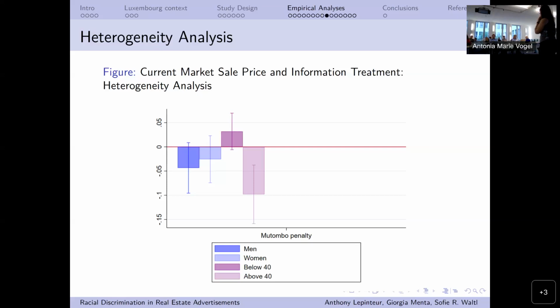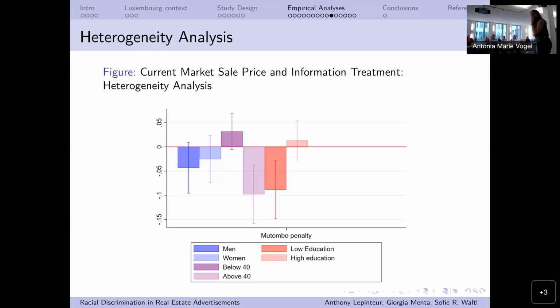I'm sorry for everyone above 40 here. We just split the sample by 40 because that was our median age. So in that sense, we call those people now here old, sorry. Young. And the results were really largely driven by the old people here. And the young were actually quite, I mean, looks positive for the future, maybe.